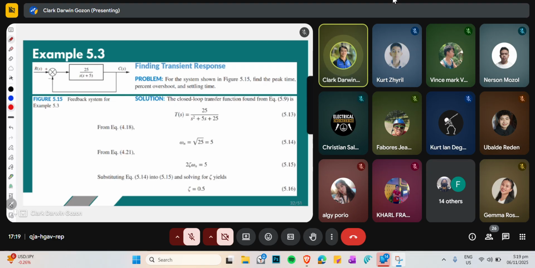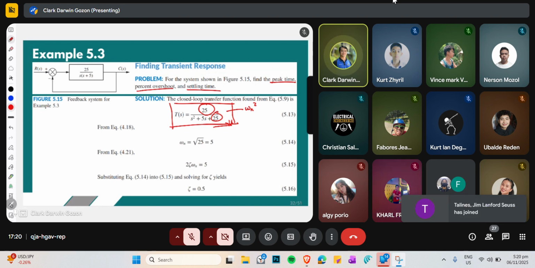So again, if you apply feedback in a control system, with the feedback transfer function equal to 1, then you will arrive at this transfer function. This is omega n squared.